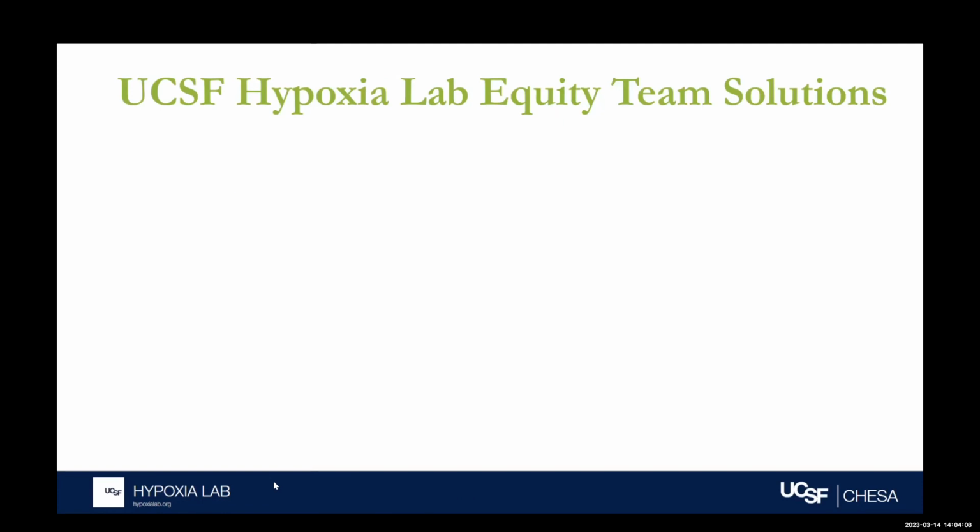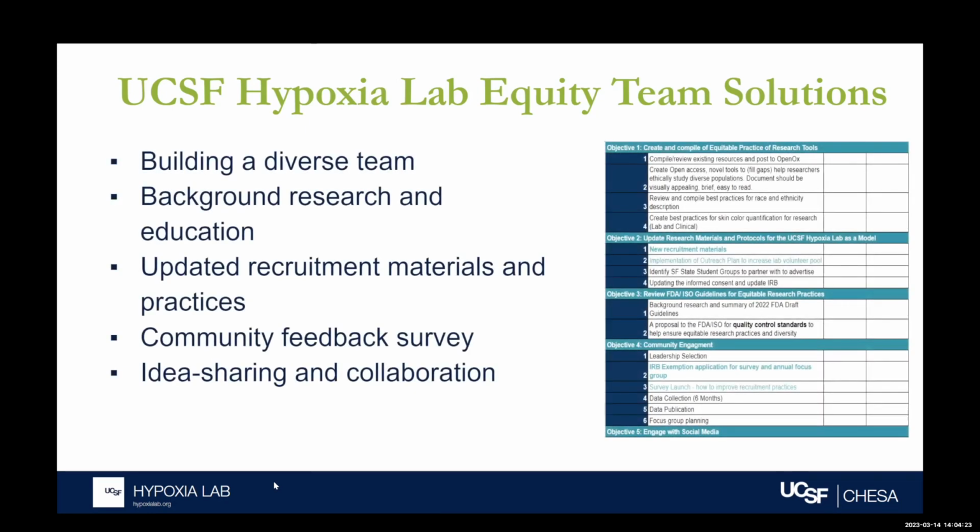So I am helping to lead an initiative at the UCSF Hypoxia Lab. We've called ourselves the Equity Team, and we are endeavoring to come up with some solutions. So over the next 6 to 12 months, our goal for this team is to work on an important objective of the overall Open Oximetry grant project, which is designing a toolkit to improve diversity in medical research studies.